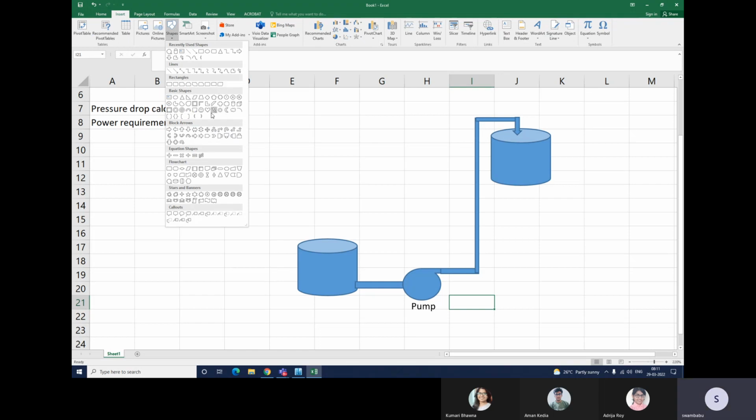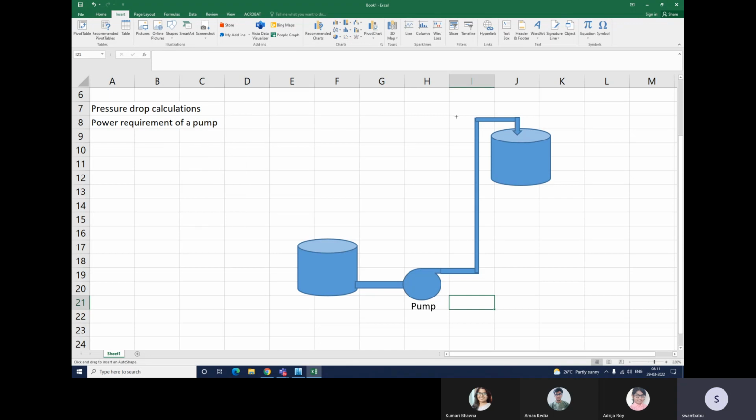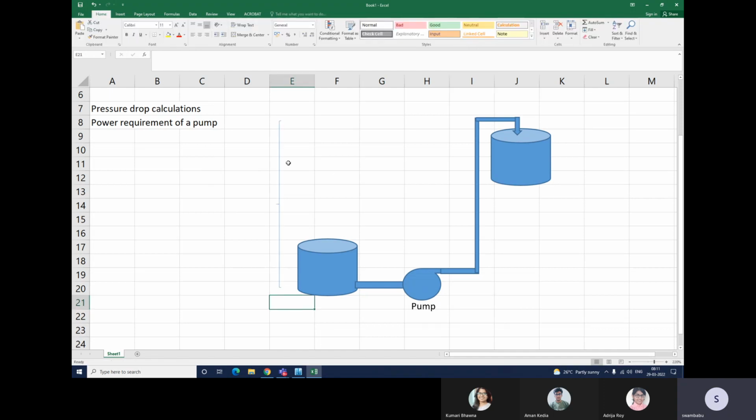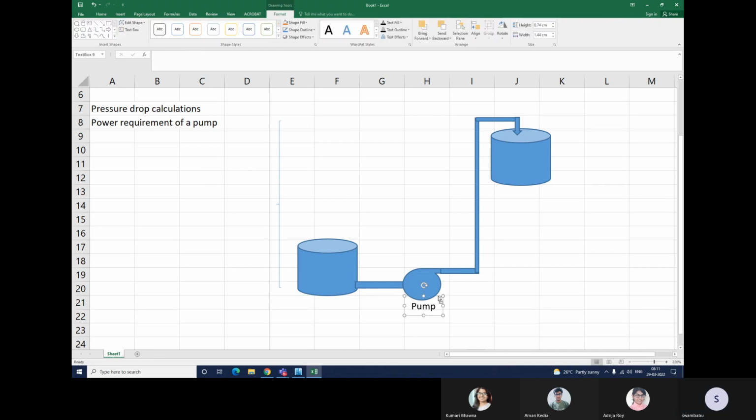So this is the head, like from the top point to this bottom point, how much head it can generate from the bottom to top. This is the hydraulic head, how much head it can generate and what amount of power is required for the required conditions.